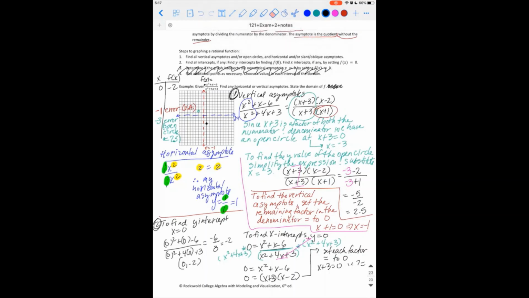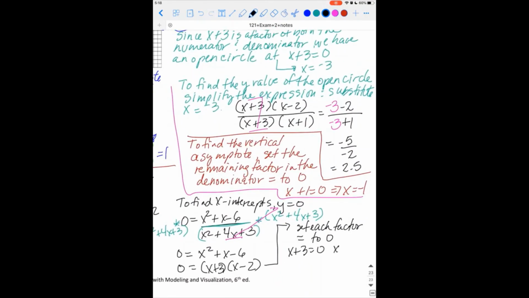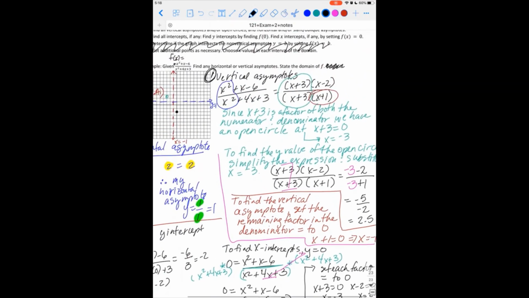Just need to write a little smaller or zoom in. x minus 2 is equal to 0. So if I solve this, it's going to be x equal to negative 3. So I'm going to have negative 3 comma 0. And this one right here is going to be x is equal to 2. So I'm going to have 2 comma 0. So negative 3, 0 and 2, 0.